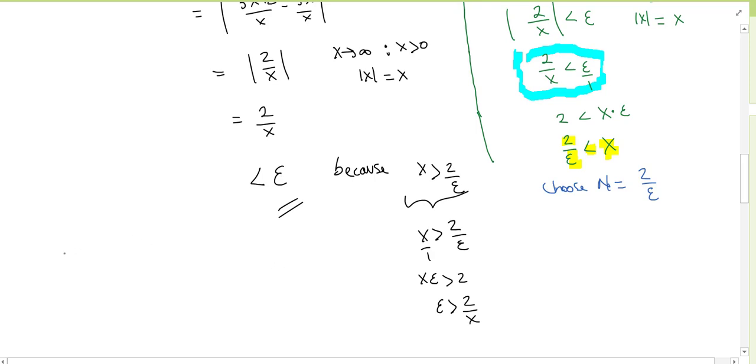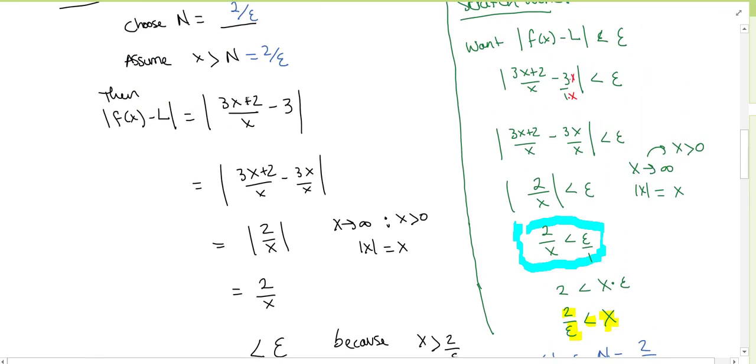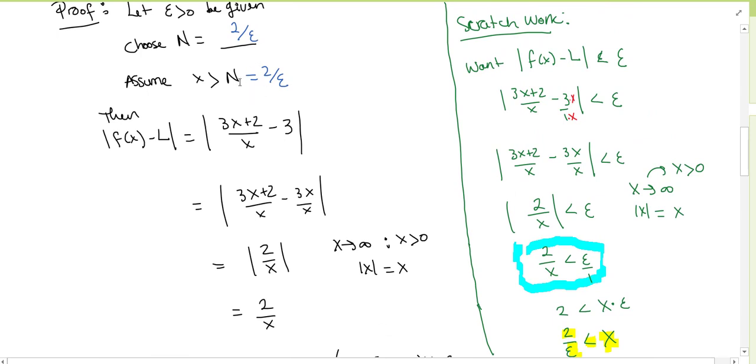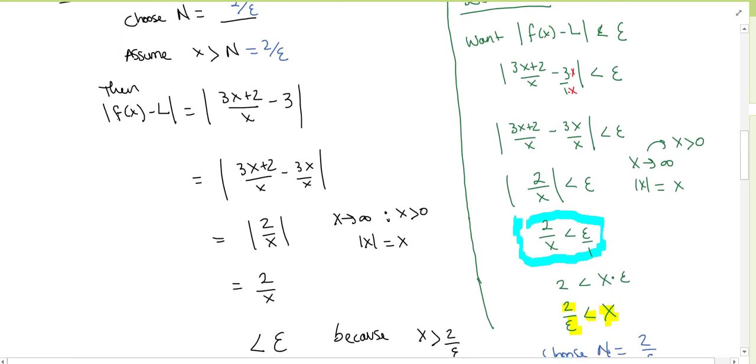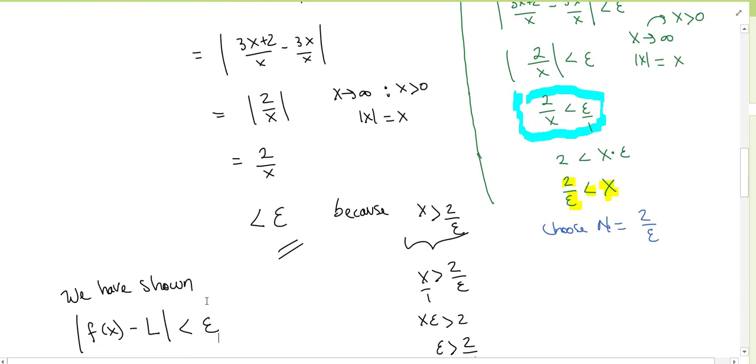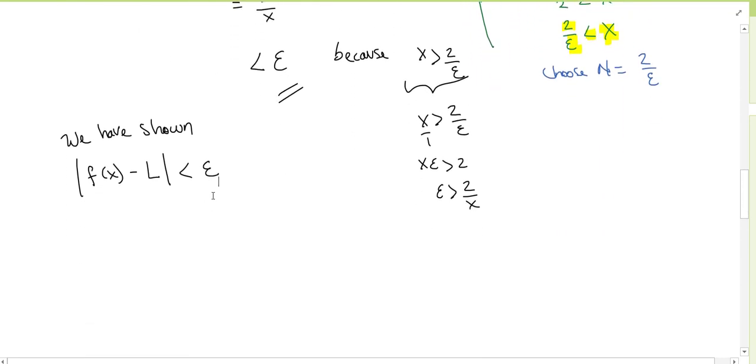So we have shown that for our particular function and our particular limit, the distance between the y values and the limit is less than epsilon. This was our particular function, our particular limit, and based on our choice of n, we have shown that the distance between the y values and the limit is within epsilon, a very small number.